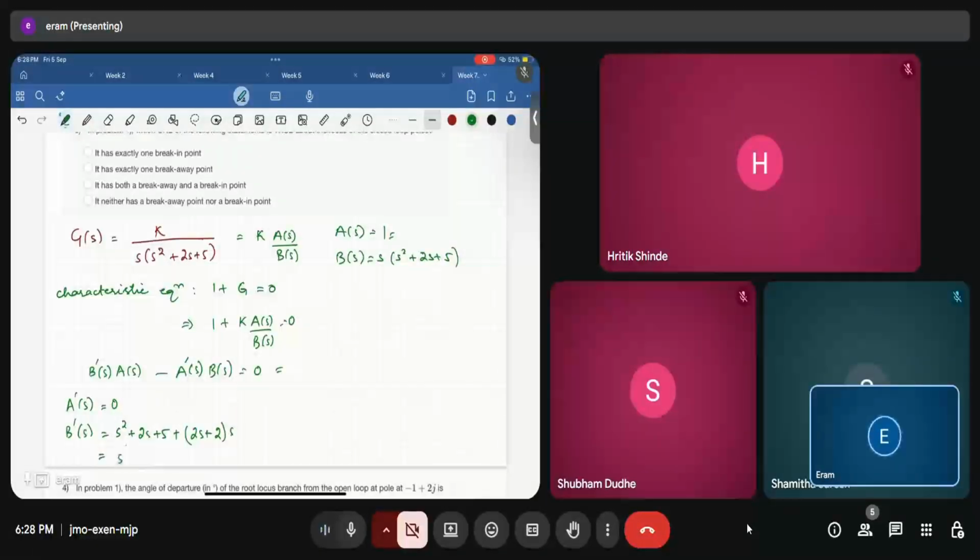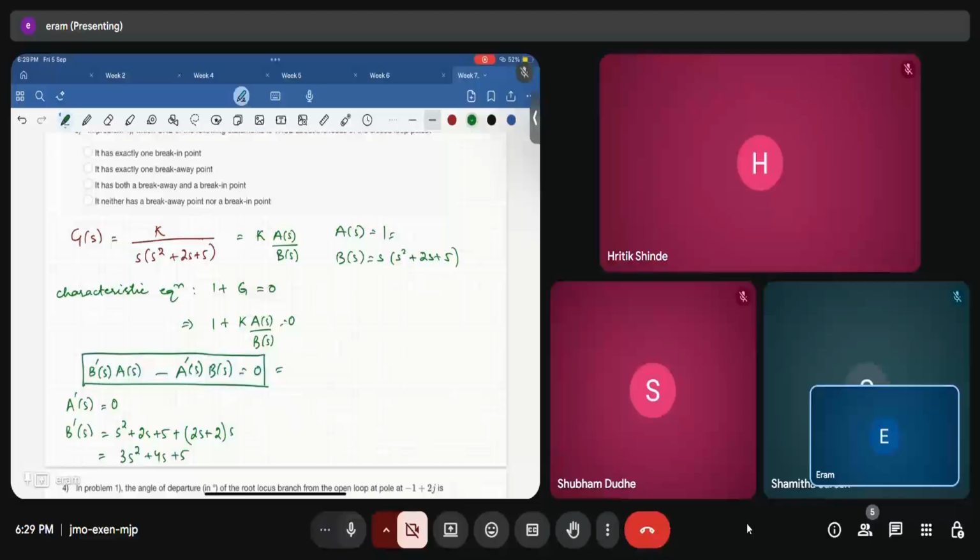So this will be 3s square plus 4s plus 5. This will be B'(s), and then calculate B' A minus A' B equals 0. What will you get?